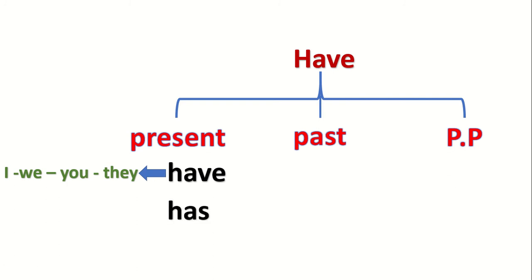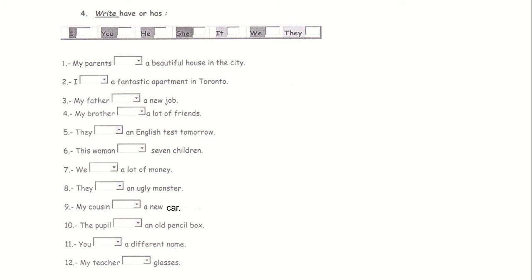Also we have the word has, and we use it with he, she, it, or the singular, المفرد. So in the present we use have and has. In the past, this is just for your information, we use had, and the past participle is had.